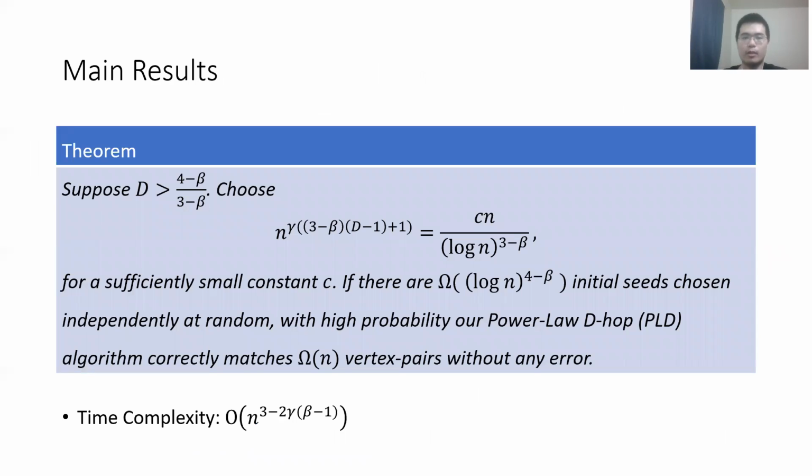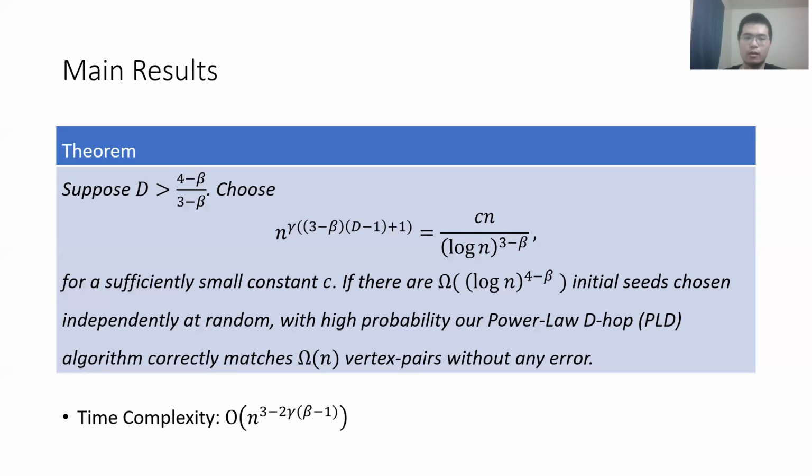Then, we can describe our main result. Under the channel model with n vertices, power law exponent beta between 2 and 3, and the max degree more than square root of n, by choosing the parameter gamma according to this equation, where c is a sufficiently small constant, we show that if there are at least log n to the power of 4 minus beta initial seeds chosen independently at random, with high probability, our PLD algorithm correctly matches a constant fraction of vertex pairs without any error.